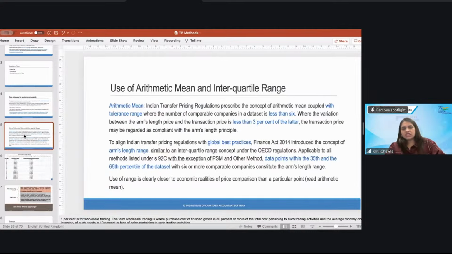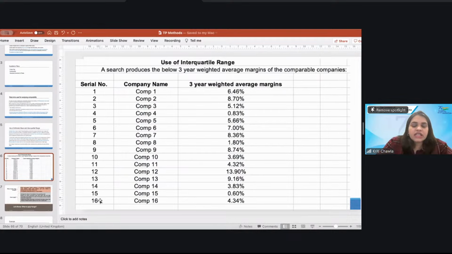Okay, can you see the screen now? So this is an example right here, which basically says that now I have 16 companies. Let's say from 12 companies, we have 16 companies.